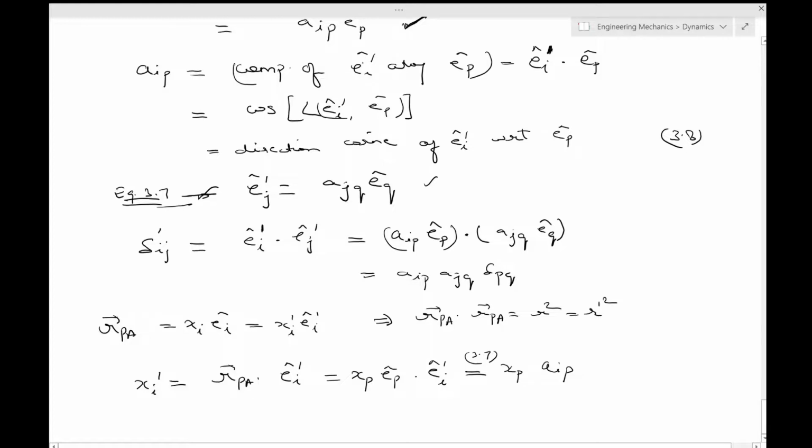I think it should be very easy for you to do. This implies that x_j dash is equal to a_jq x_q. Just replace i with j and p with q. You get the same thing.